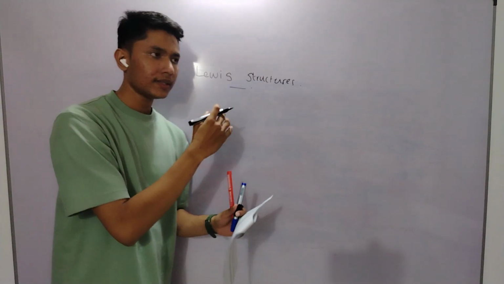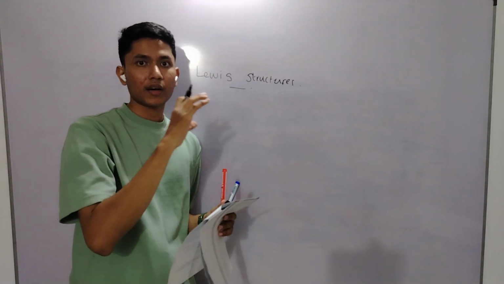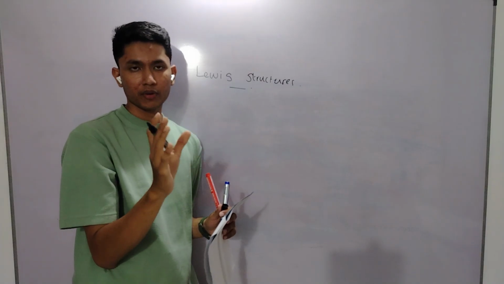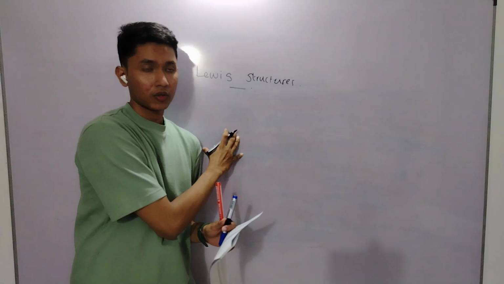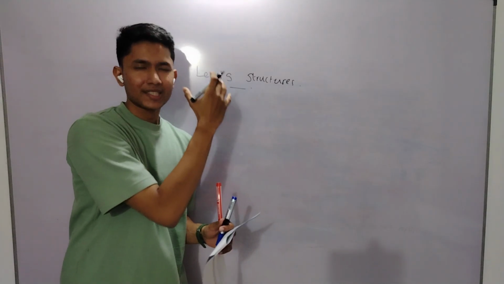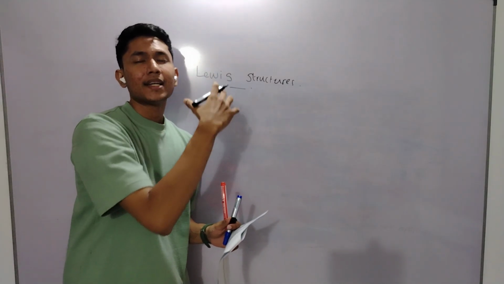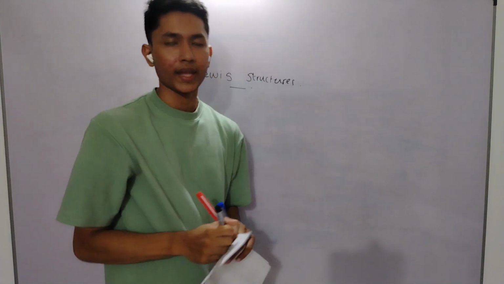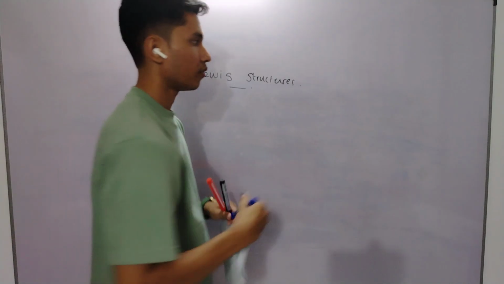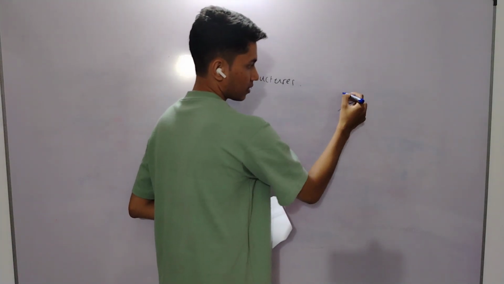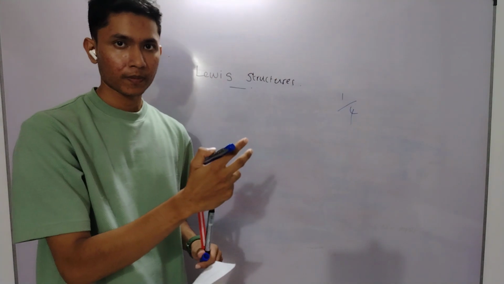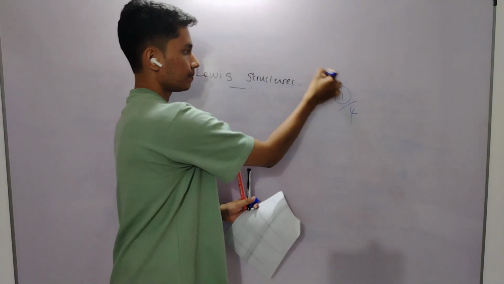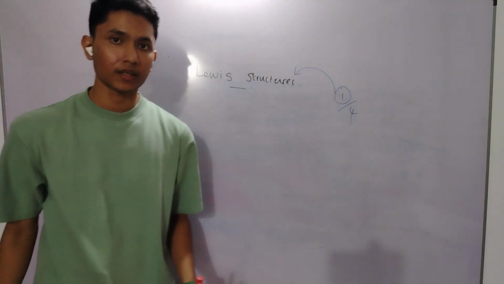If you cover this part, that means you have covered a lot in Unit 2, okay? Because from this section, a structured essay A-level question is made. One structured essay out of the four structured essays is from Unit 2, and this question is mainly based on Lewis structures.